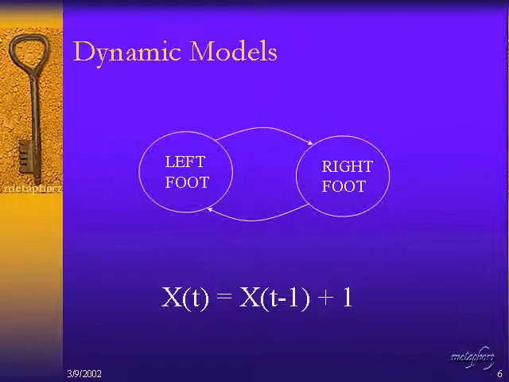Let's take a look at two dynamic models. Let's look at the first one at the top, which is the two circles and the two arcs. There are two states in this. This is a finite state machine.